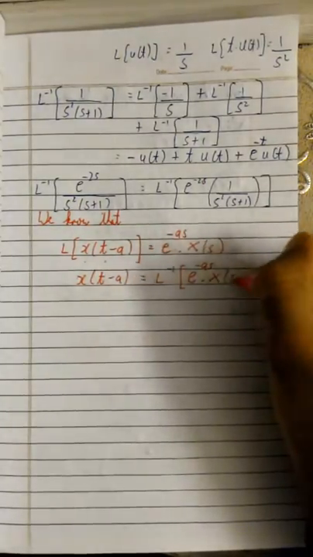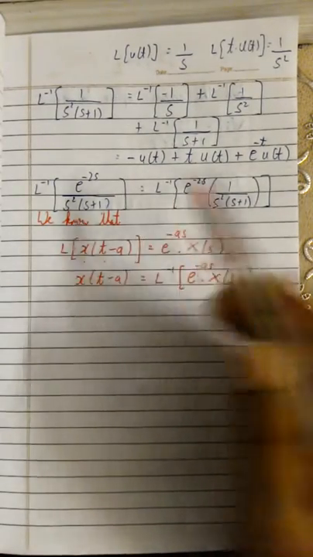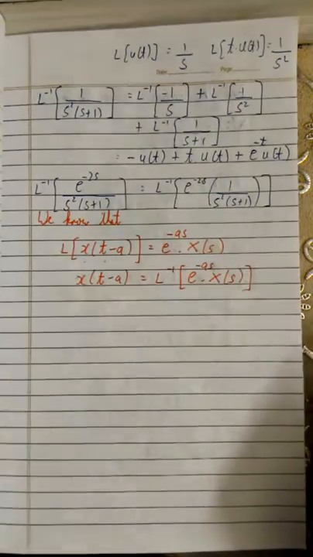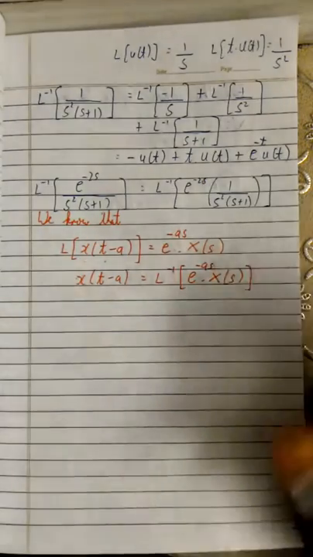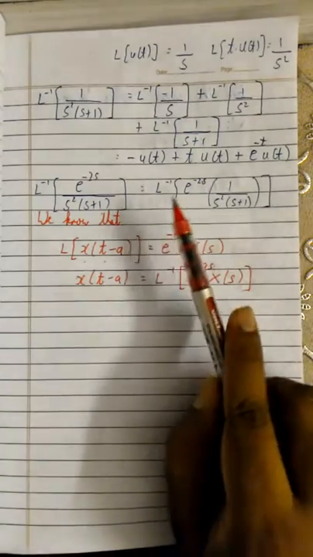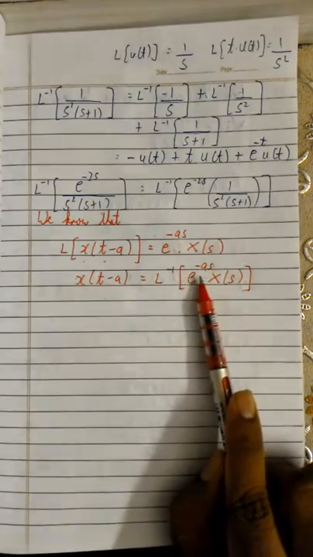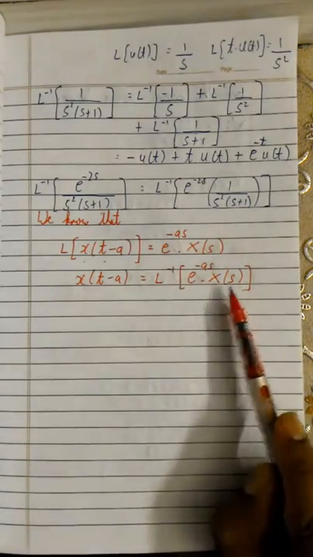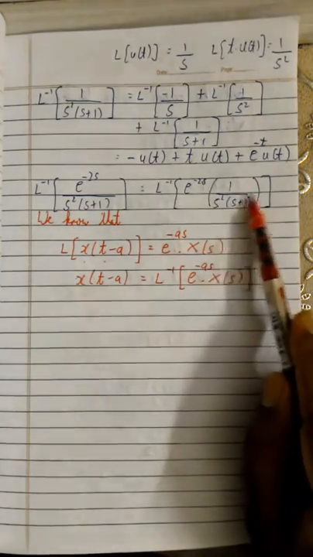If you see this exponential function, it's very easy. Simply assume that you are going to apply a time shift. Time shift means replace every t with t minus a. Here this is my e raised to minus 2s, and my x of s is 1 by s square into s plus 1.